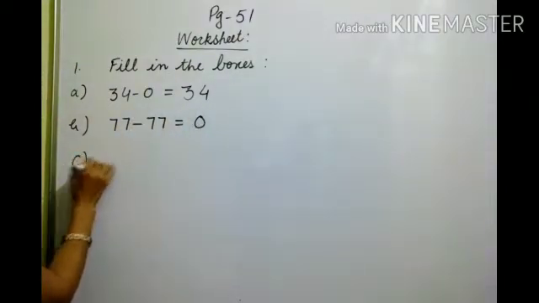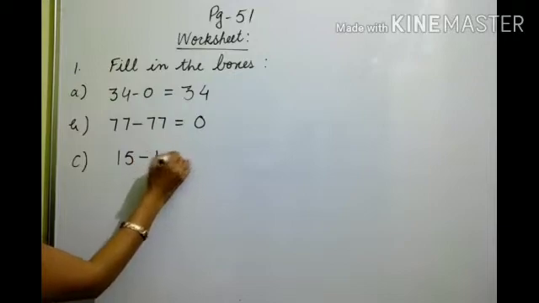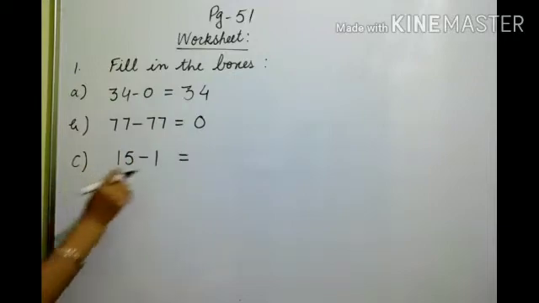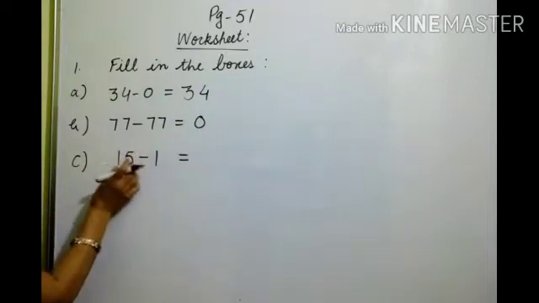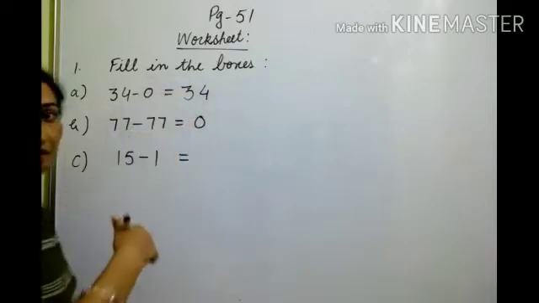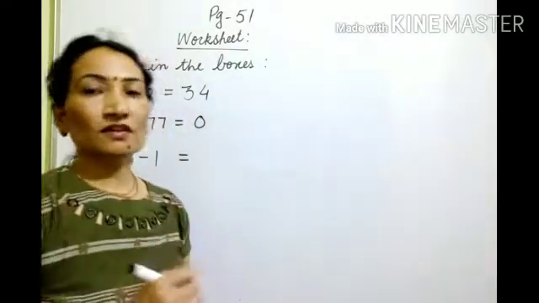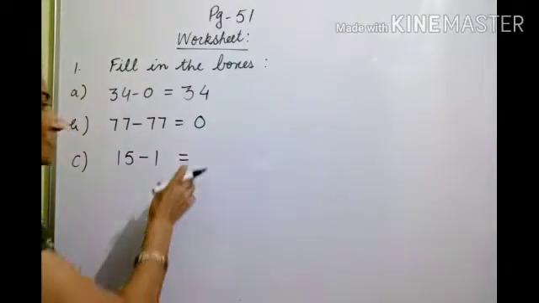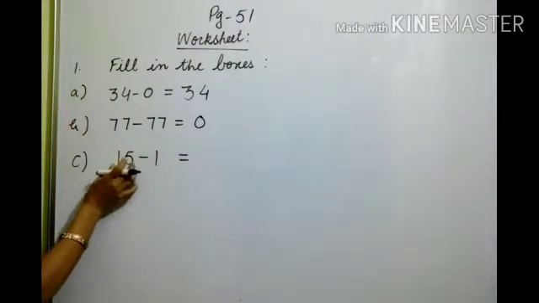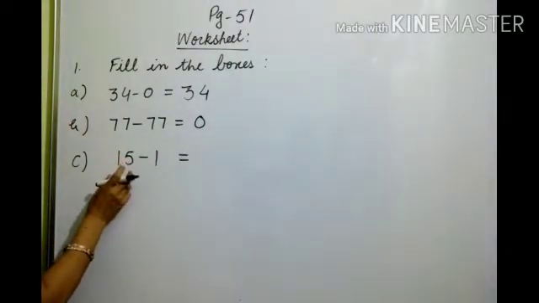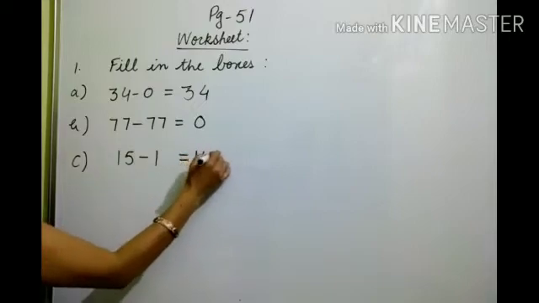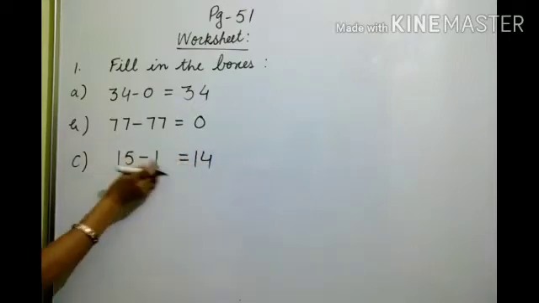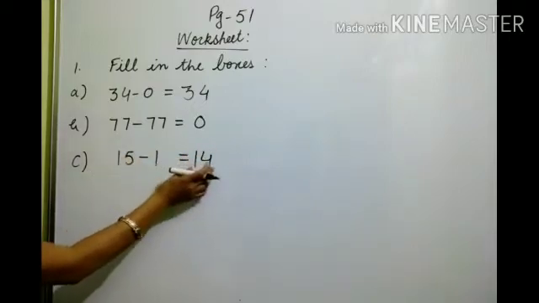Now C part is 15 minus 1. If we subtract 1 from any number, then what comes just before it? The number just before the given number comes. Just before 15, 14 will come.